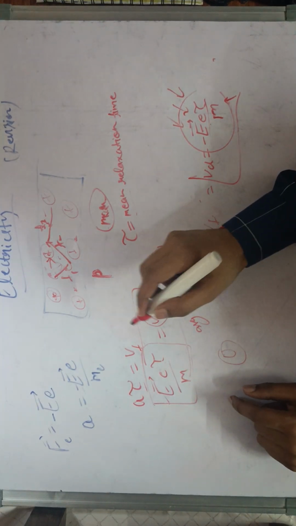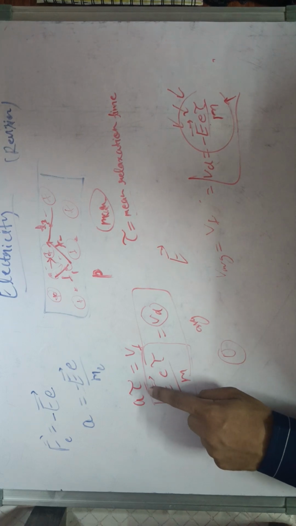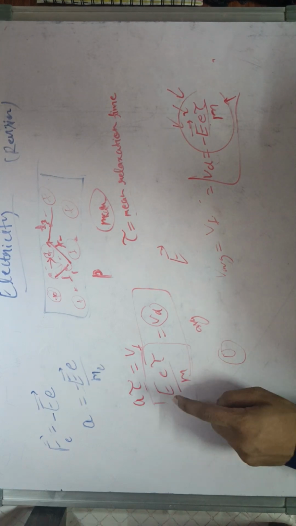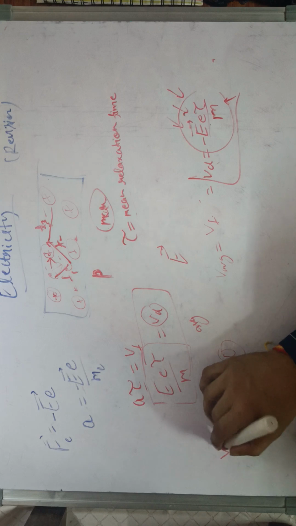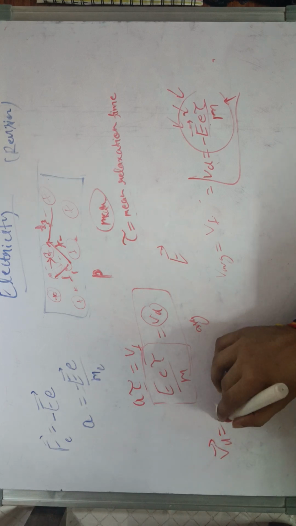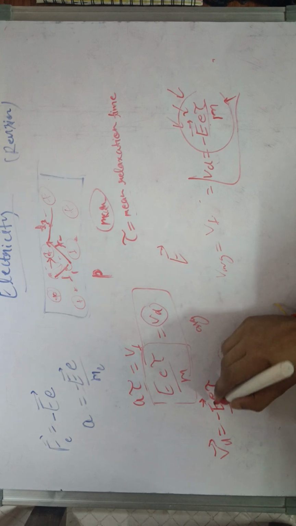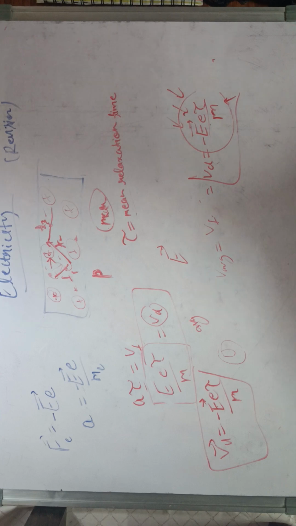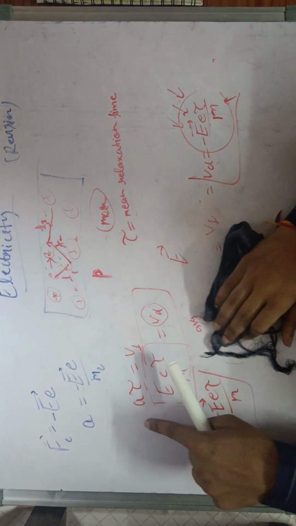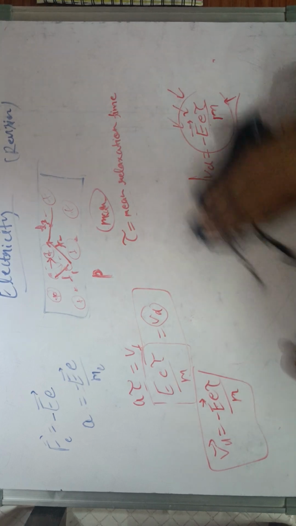We are talking about average velocity, so this will become e E tau by m. And if you want to write the direction of the drift velocity, then we write v drift is equal to minus e E tau over m. This becomes the drift velocity. Simply by acceleration into time, we get the final velocity, and we simplify it to get the average velocity.